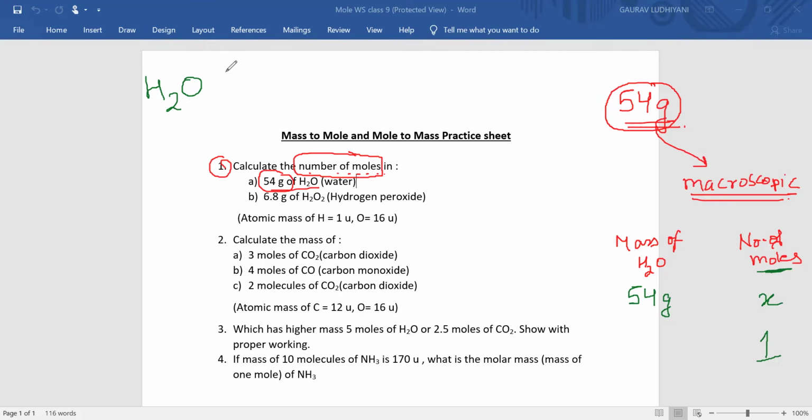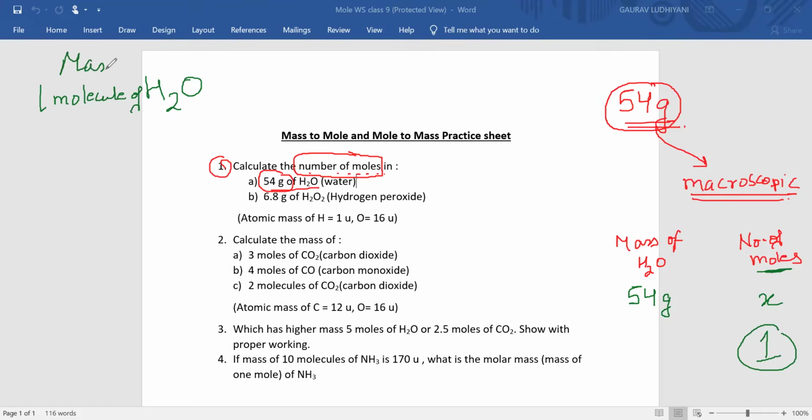And now connecting it with tip and trick number one, that calculation at the microscopic level and macroscopic level remains the same. So instead of imagining it as 1 mole of water in my head, at the learning stage, obviously, I can take it as 1 molecule of water. Not a problem, because my numerical calculation is going to be the same.